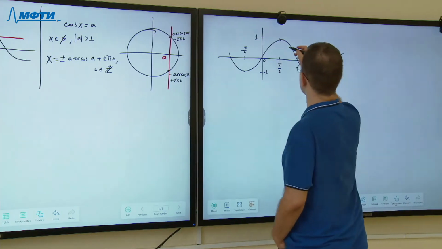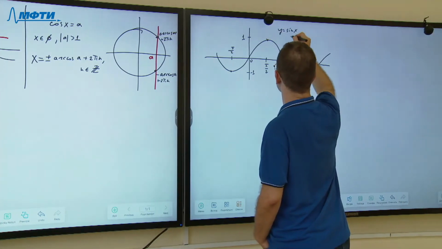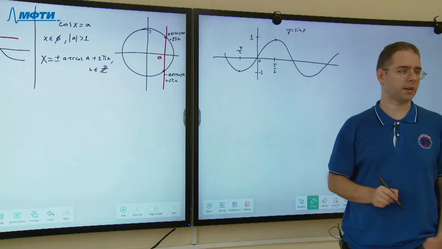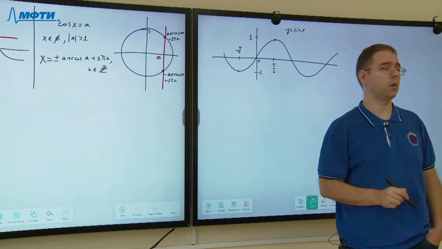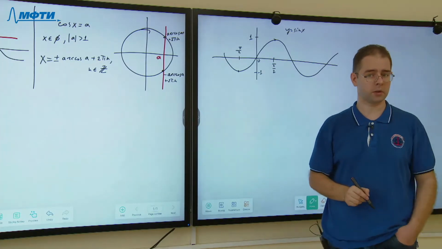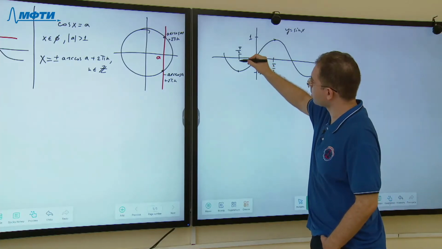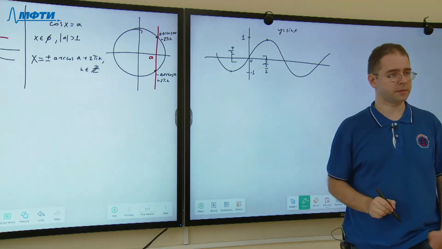So this is function y equals sine x, and once again this function is not monotonic on the whole line, but it is monotonic on some intervals. Specifically, I will care about this interval from minus pi by 2 to plus pi by 2.